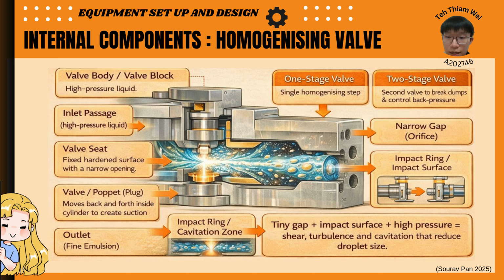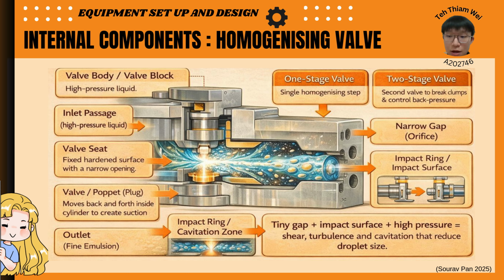The valve body is strong and hard enough to contain high-pressure liquid. Liquid enters through the inlet passage and is forced to go through the valve seat. The valve seat is a fixed hardened surface with a narrow opening. At the same time, the valve moves back and forth inside the cylinder to create suction.